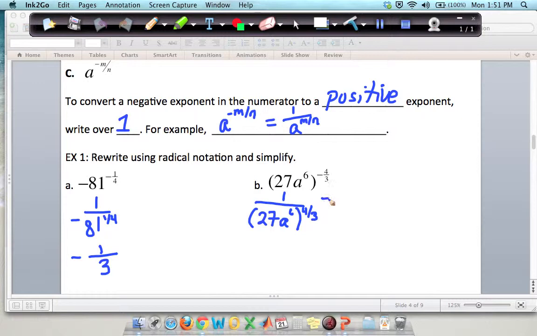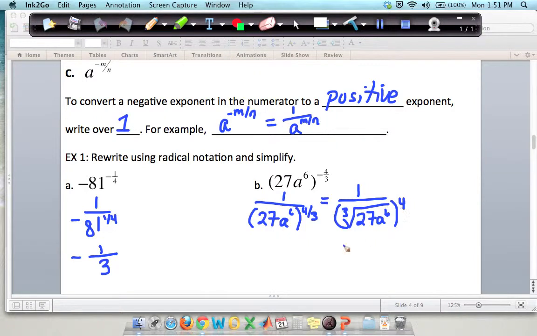Now the number you can do on the calculator, but I'll write it out. There's many different ways to do this one problem, so this is not the only way to solve it, just the way I'm going to write it right now. If I wrote this out the long way, this would be the cubed root of 27a to the 6th, and then this is raised to the 4th power.